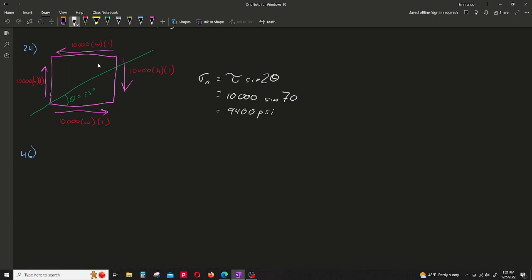So let's see, we have to find the change in temperature to cause a stress of 70 megapascals. We can use the modified equation here, sigma equals E alpha delta T, I think it's alpha, right? So we know that the stress there is 70.